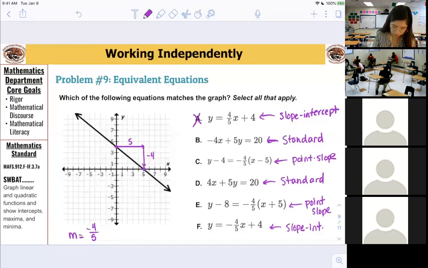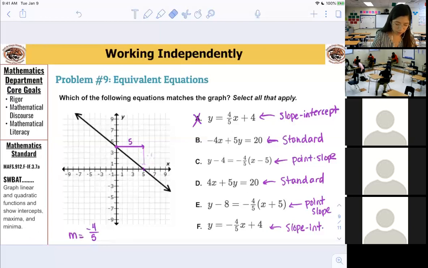Is there anything else? B, D. Well, B and D, we don't know because these are in standard form. And remember, standard form tells me basically nothing. So I don't know yet if I can eliminate those, but I can definitely get rid of A. C and E are still in because those are both negative. F is still in because that's also negative. All right, so far I got rid of 1.